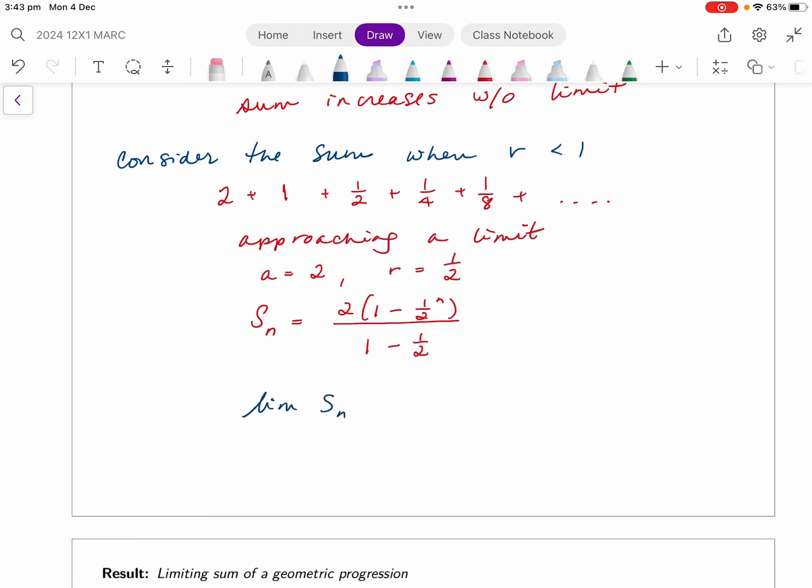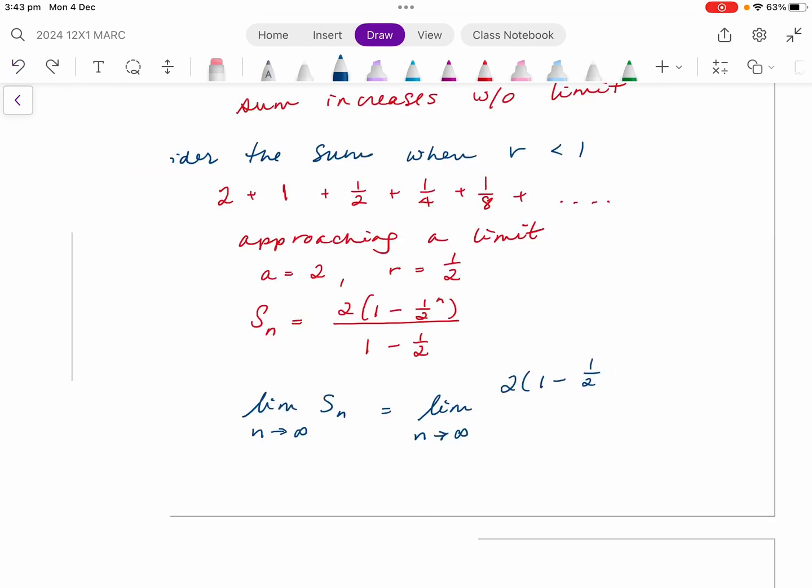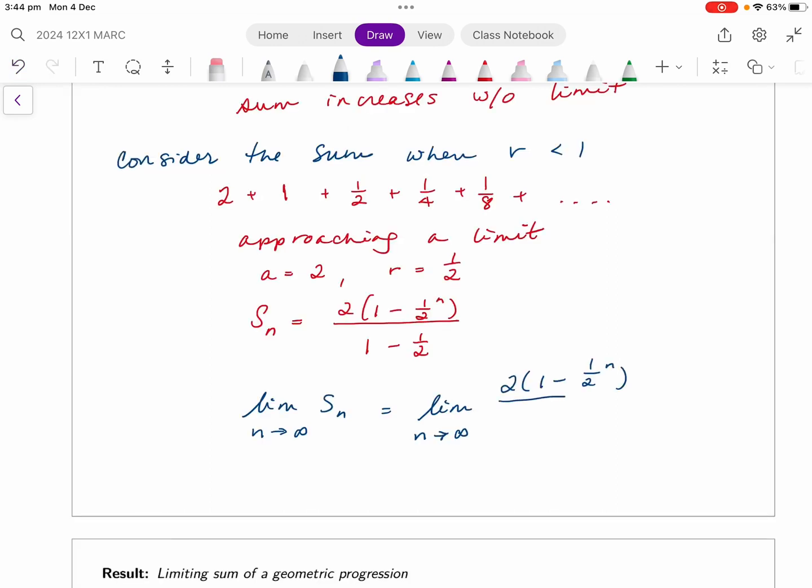What's the limit of this sum as n goes to infinity? So I'm asking, what's the limit as n goes to infinity of 2, 1 minus 1 on 2, oops, to the power of n. You need to squeeze that in there, and then a bracket, and 1 minus 1 on 2.